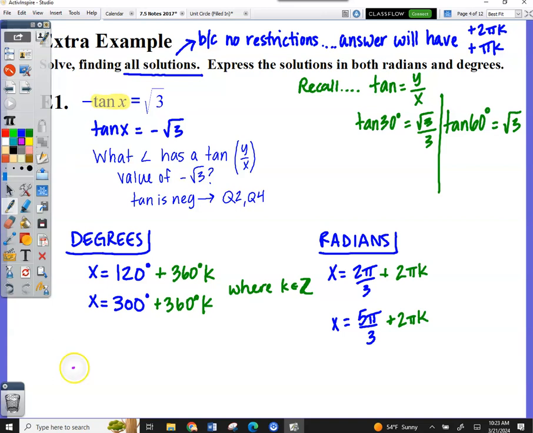I'm going to put dot, dot, dot, or I could just do 120 plus 180k. Or I could do 2 pi over 3 plus pi k.